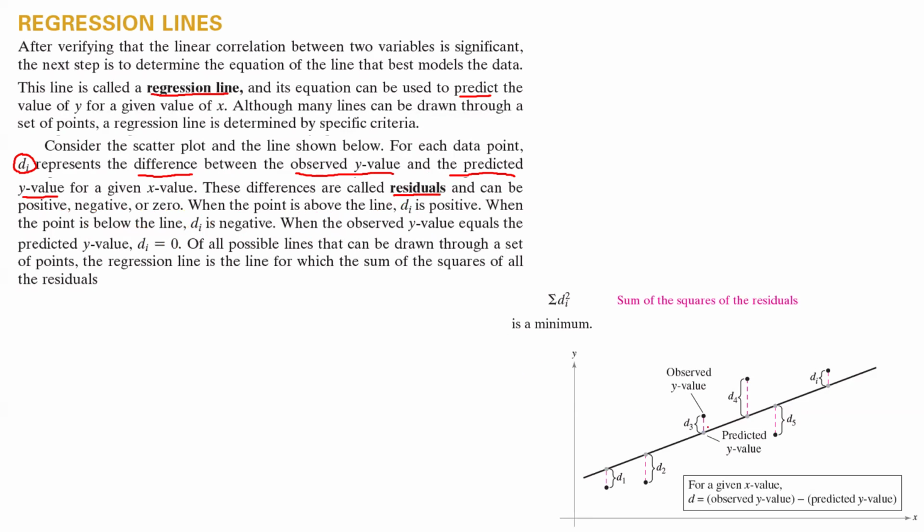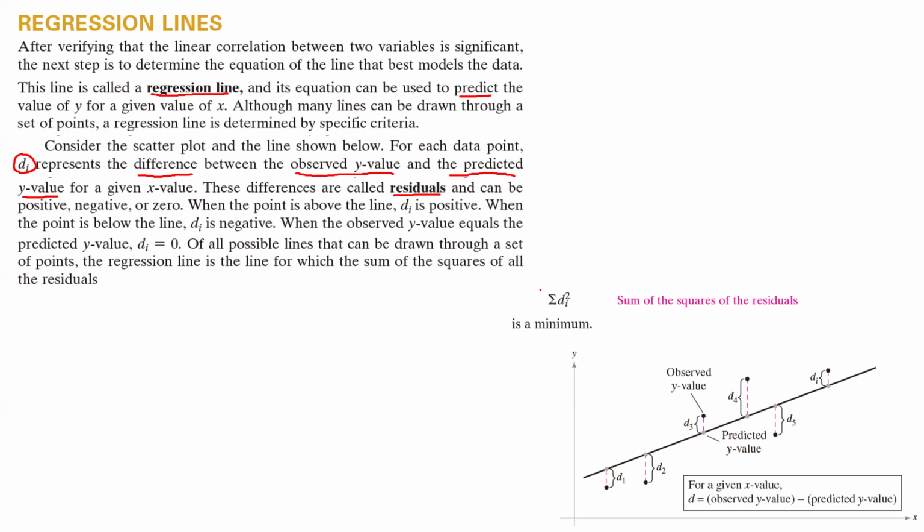So here you have the observed value, y, and the predicted value, y hat. The difference between them is denoted by d3. Why? Because it's the third point. In this case, you have the observed value down here and the predicted value on the line here. The difference between them is d sub i.